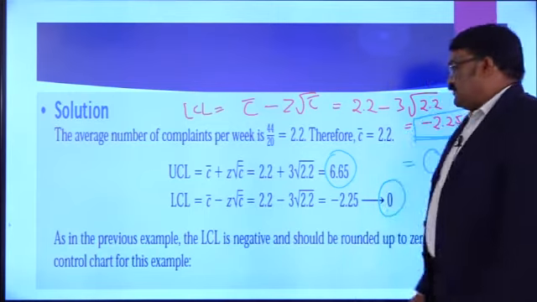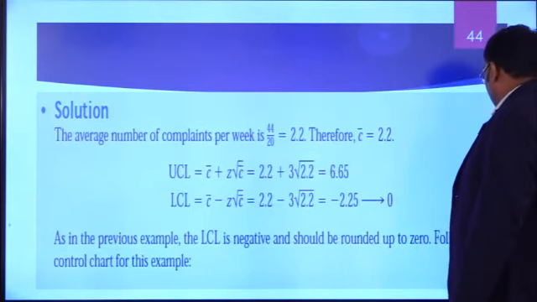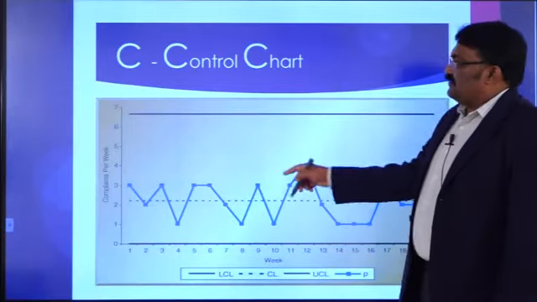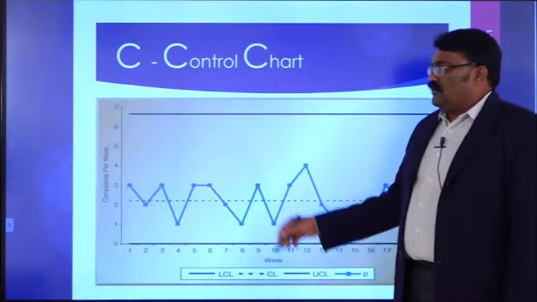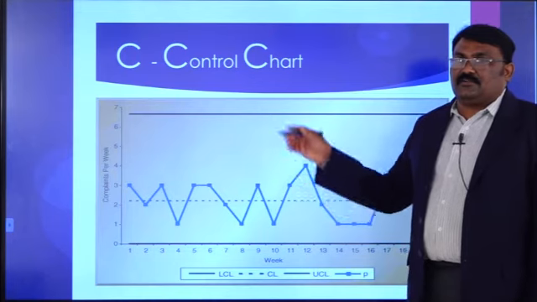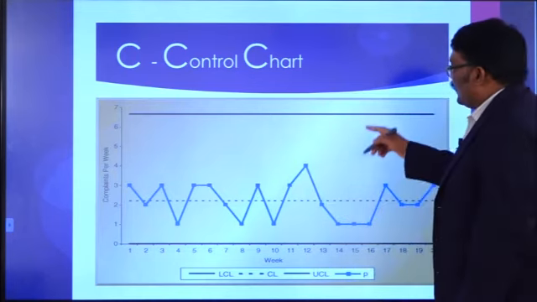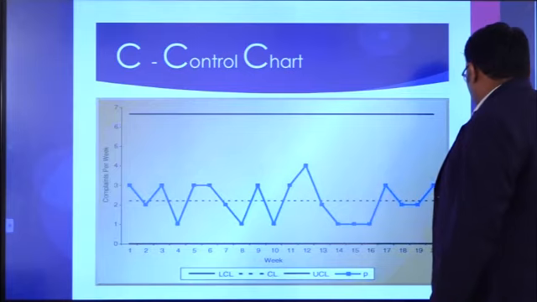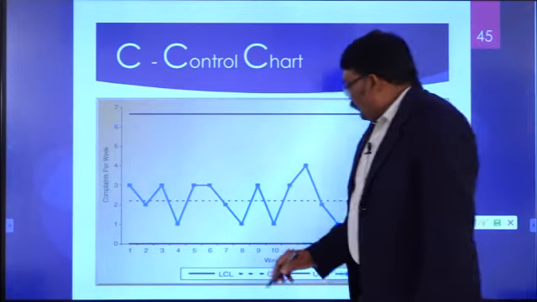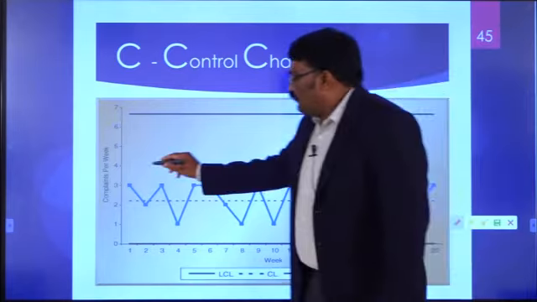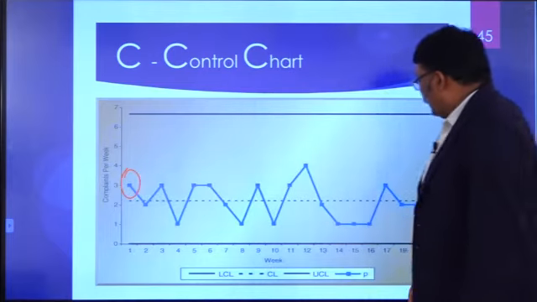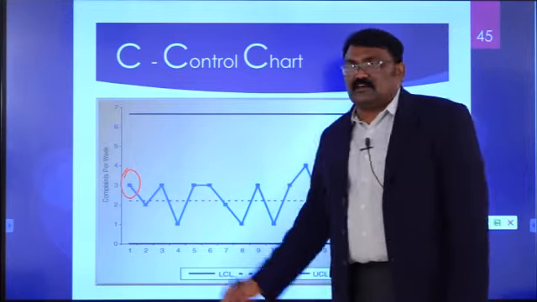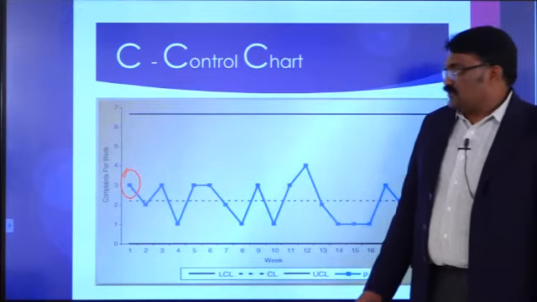When we substitute these values, we will get the chart. The samples are plotted in the chart, and when we put it in the form of a chart, we get it in this format. We have taken 20 samples, sample number 1 and sample number 2, and so on. For 20 weeks, the complaints have been registered.